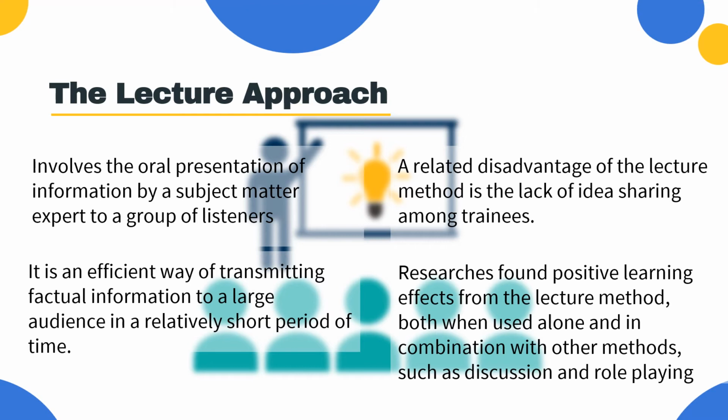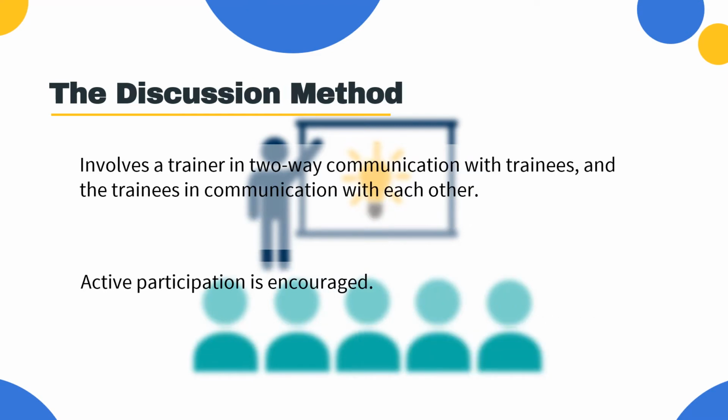So after the lecture approach, we also have the discussion method. The discussion method involves a trainer in two-way communication with trainees, and the trainees in communication with each other. Because active participation is encouraged, the discussion method offers trainees an opportunity for feedback, clarification, and sharing points of view.